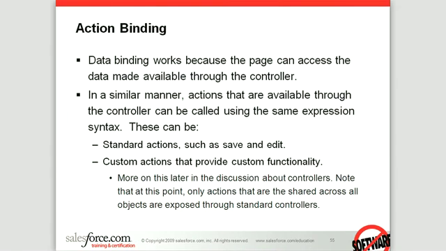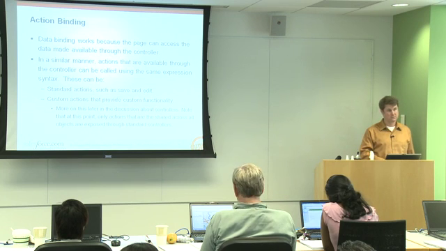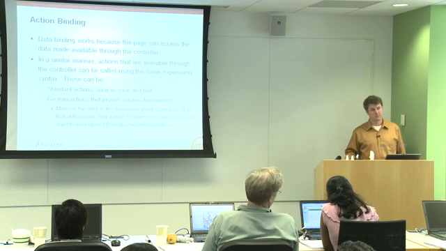Okay. There's also action binding. Action binding is used in buttons and links, and what we can do is associate a behavior so that when the user clicks on it, it'll perform that action. In other words, call the method up on the server to perform that action. Is that what you do with the command button, the update, and you gave it the save action?